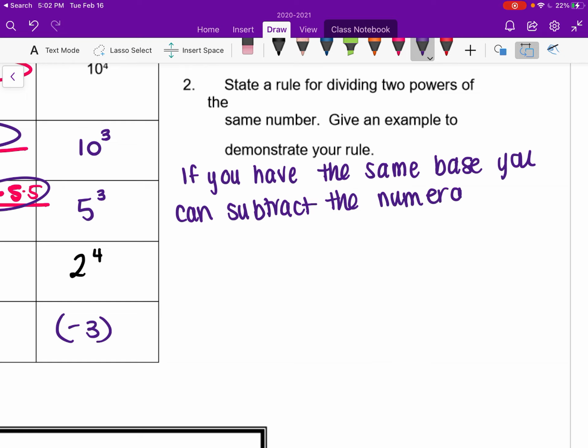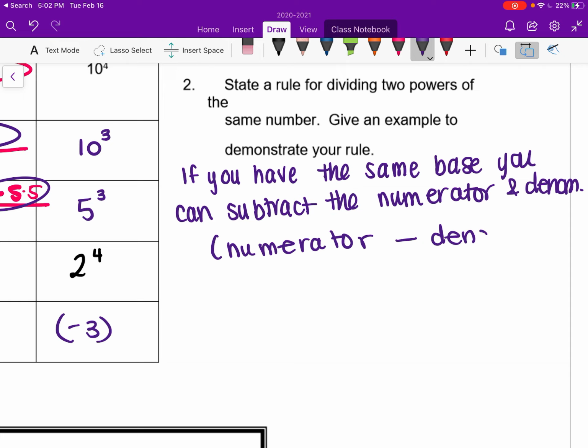So numerator and denominator. And make sure you take it so that you're doing 6 minus 3 and not 3 minus 6. So always take the numerator first. So it's going to be numerator, right, minus denominator, not the other way around.